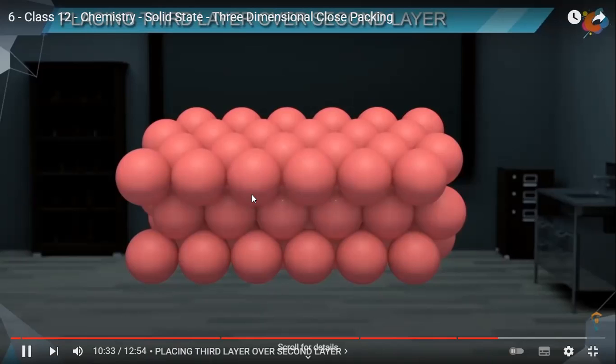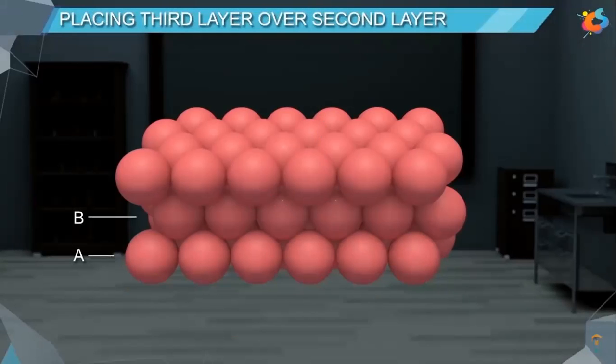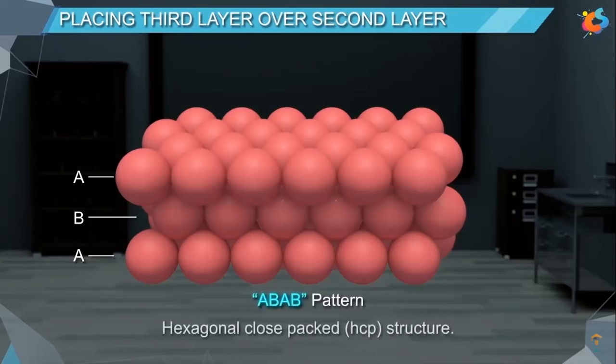So, if we call the first layer as A type and the second layer as B type, then the third layer will also be A type. As the pattern of spheres is repeated alternately in other layers, this pattern is known as AB-AB pattern, and the structure formed is known as hexagonal close packed HCP structure.